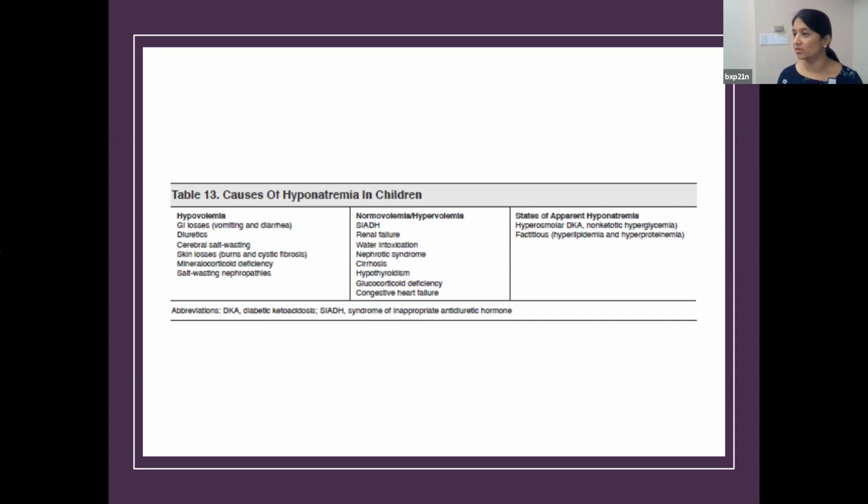They lose a lot of chloride and sodium in the skin. Also mineralocorticoid defect, salt wasting, other nephropathies. And when you're hypervolemic or normovolemic, especially in renal failure, you're retaining more water. SIADH, that's inappropriate ADH, so you're retaining more fluid. Water intoxication, nephrotic syndrome, cirrhosis, even hypothyroidism, glucocorticoid deficiency, and congestive heart failure.